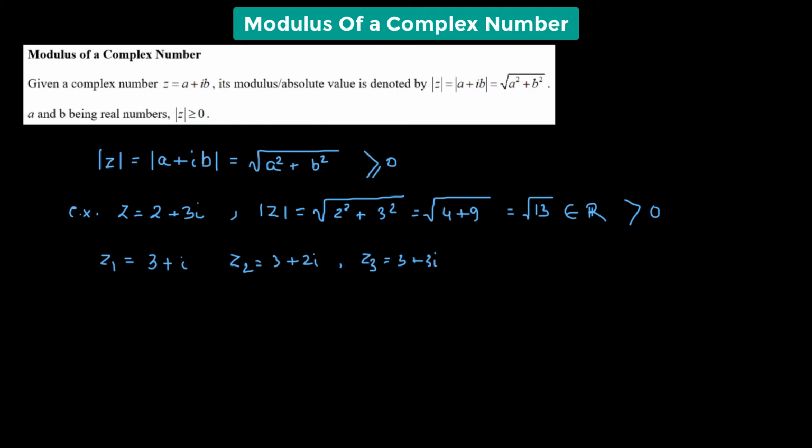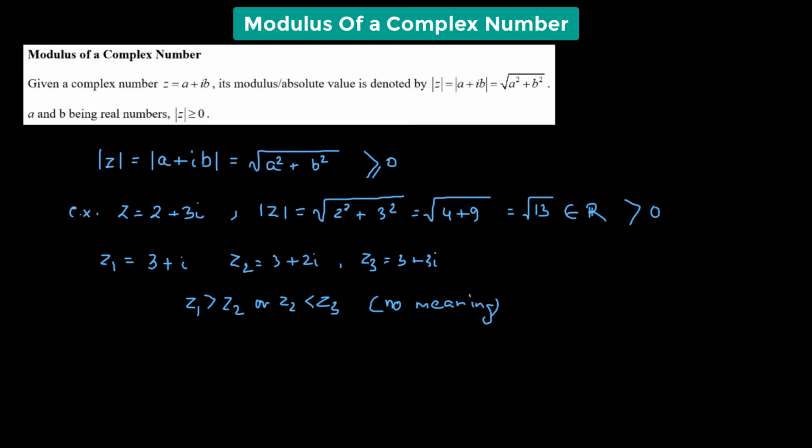Now if we ask which one of these complex numbers is the greatest or the smallest, it makes no sense. We can never say that z1 is greater than z2 or z2 is lesser than z3. Saying this has no meaning.